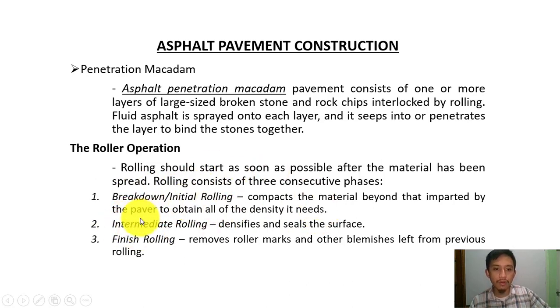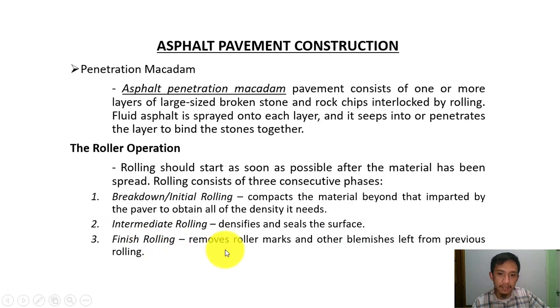And then we have the intermediate rolling, that is to densify and seal the surface. Of course the first one is to attain the desired density, and then the intermediate rolling is to seal the surface, and then finally the finish rolling. So this is the final finishing.